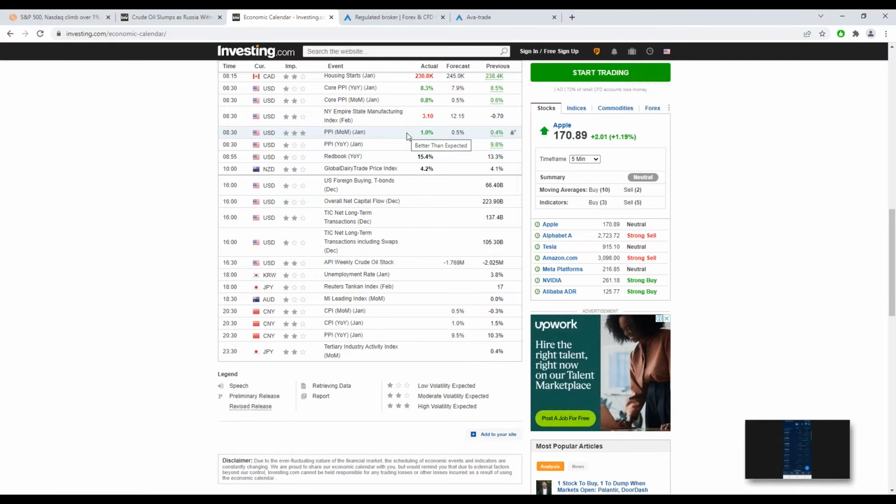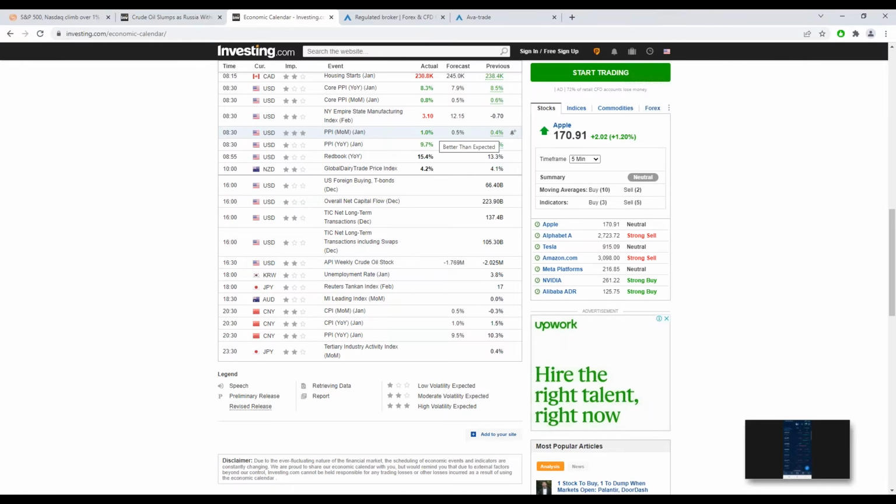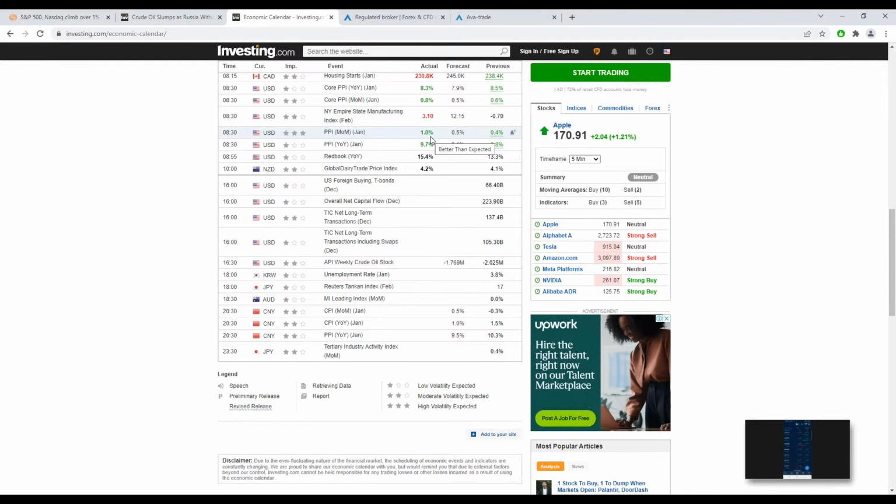If we've got an increase in PPI numbers from one month to the next of a 1% increase, well, there are 12 months in a year, so that would be ahead of pace for the annual pace, which is 9.7%. Nearly 10% year over year from January to January inflation, and 1% just from last month, from the prior month into January. And so not good news for those who are fearing this inflation.